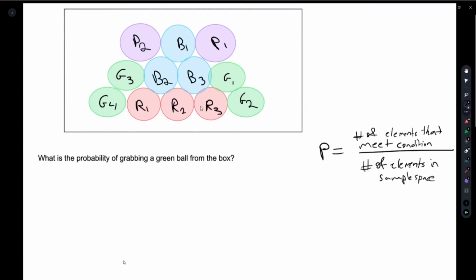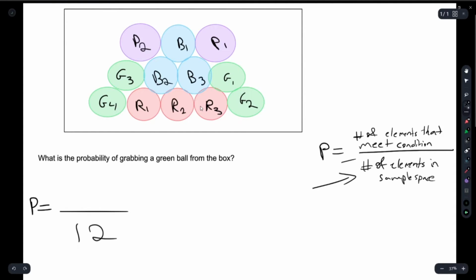Okay, second question. What is the probability of grabbing a green ball from the box? Again, following the formula, I'll do the denominator first. The number of elements in the sample space is 12 balls, so it's 12. How many elements meet our condition? Our condition is a green ball from the box.